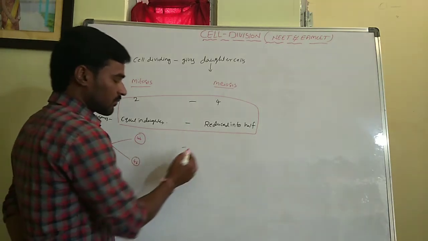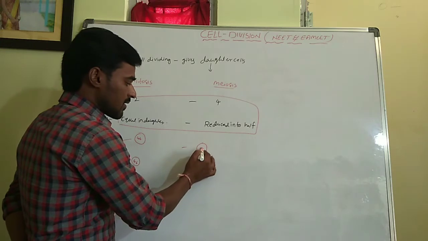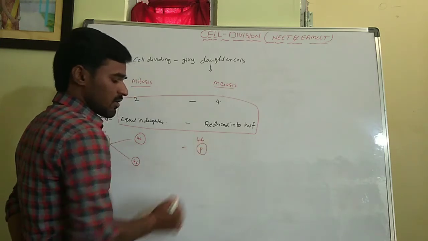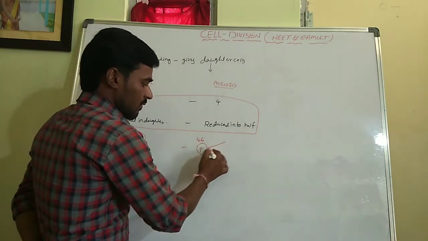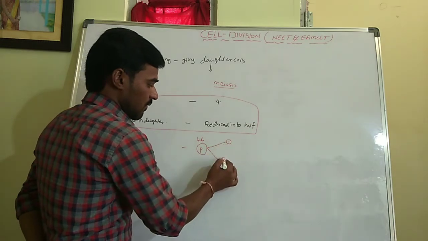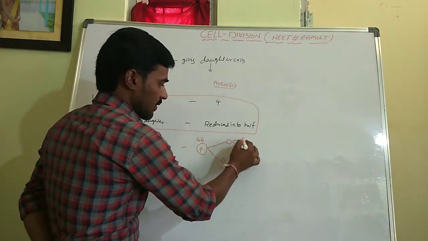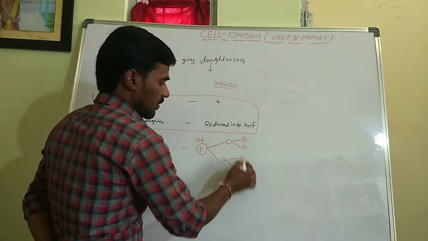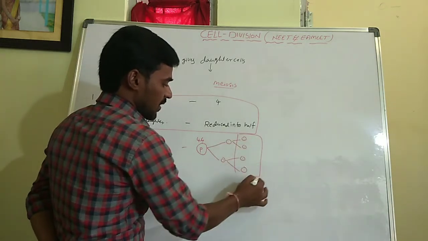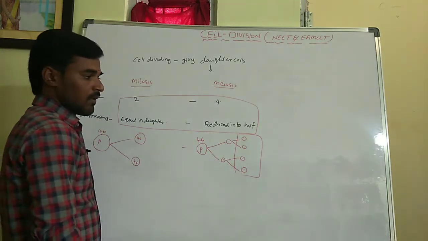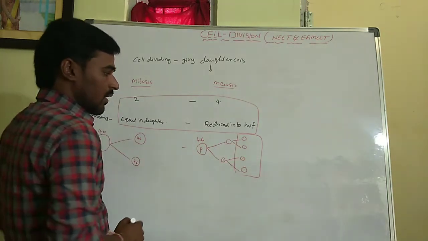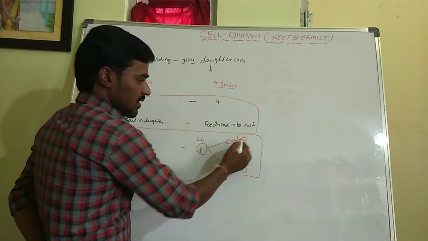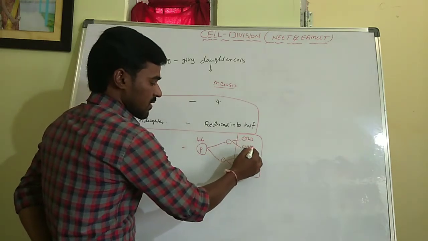Whereas here, the parental cell, which contains 46 chromosomes, gives four daughter cells. Finally, four daughter cells will be developed, and in each daughter cell 23 chromosomes are present.